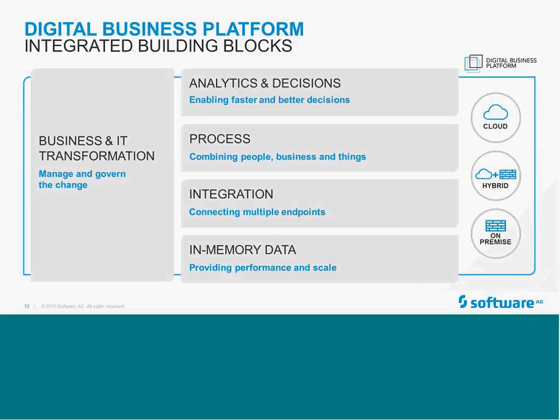And the benefits that you get from this, or I should say, the building blocks, the capabilities you get by that modernization, by transforming your enterprise into a digital business platform. In-memory data provides for performance and scalability.